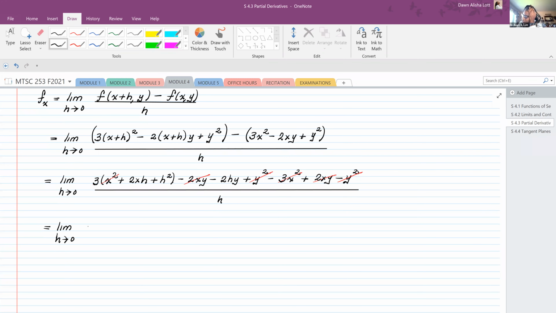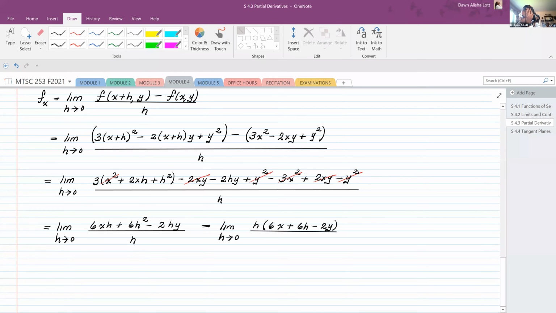So that gives me 6xh plus 3h squared minus 2hy, all over h. That's the limit as h approaches 0. I'll pull the h out, and I get 6x plus 3h minus 2y, all over h.